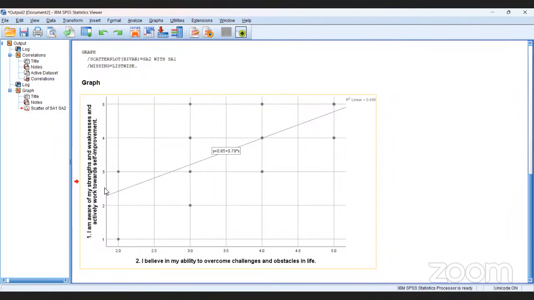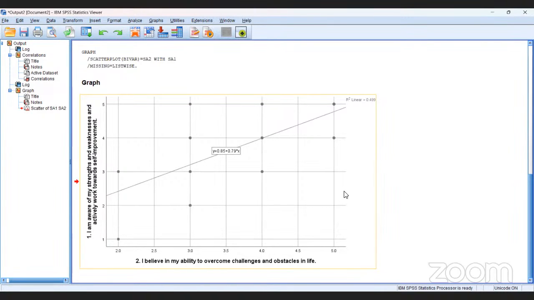That means these two items are highly correlated with each other. It indicates a positive slope is there, and 50% variance it accounted. R square is 50%.